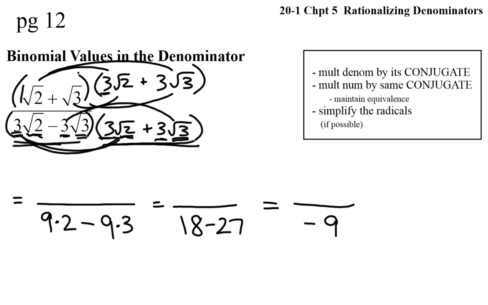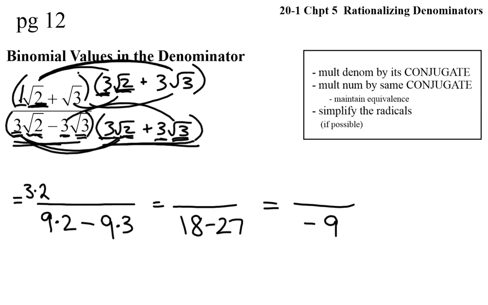3 times 1 is 3. Root 2 times root 2 is 2. So we get the 3 times 1 coefficient, 3 times the 2 is 6. Let me show the steps for that calculation again. Multiply coefficients, 3 times 1 is 3. Root 2 times root 2 is the 2.